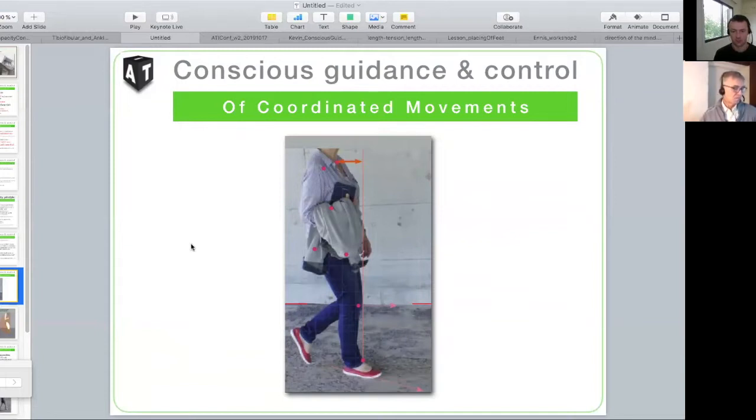There were something like 20 modern Alexander teachers taking part, and some of them were senior, with more than 20 years of teaching the Alexander technique, and some were just newly qualified.